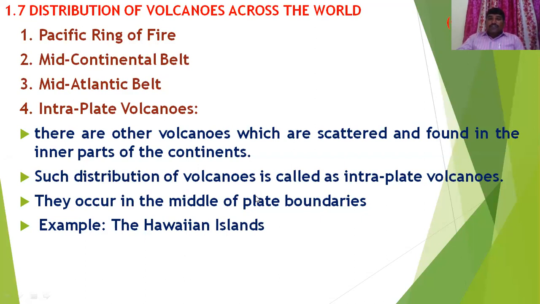There are other volcanoes which are scattered and found in the inner parts of the continents. They occur in the middle of the plates where the magma exists from weaknesses in the Earth's interior or Earth's surface. The Hawaiian Islands are the best examples of hotspot volcanoes.